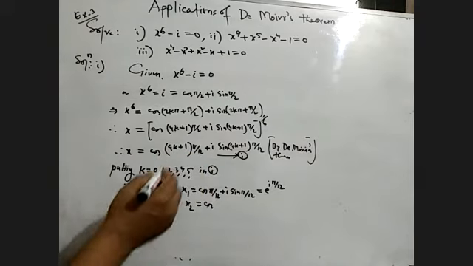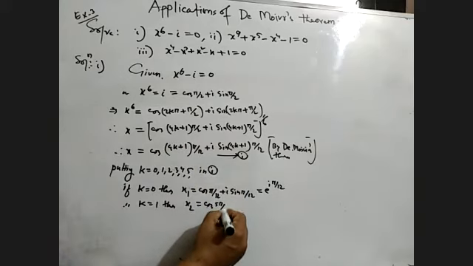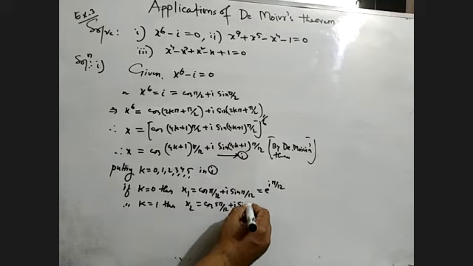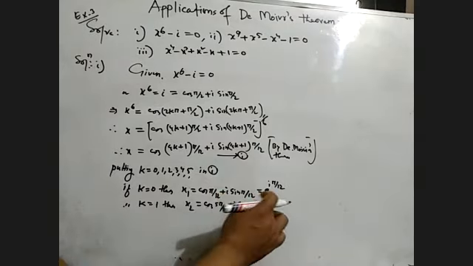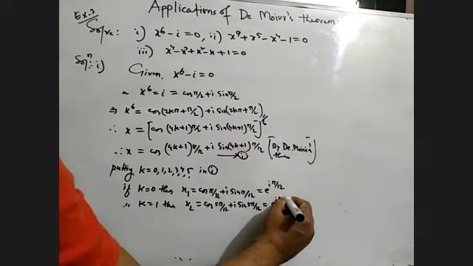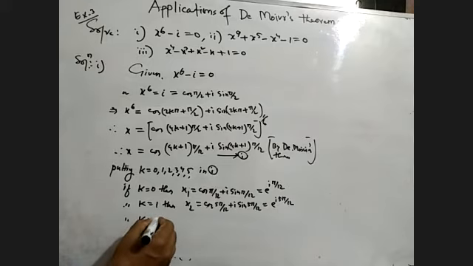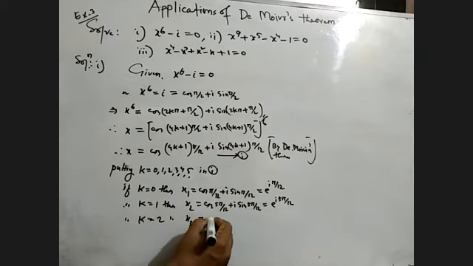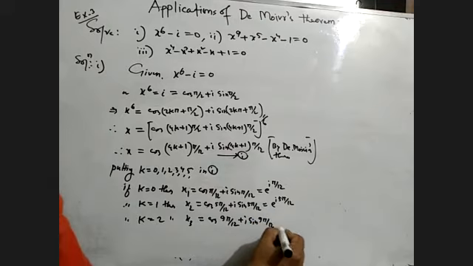For k equals 1, this becomes cos 5 pi by 12 plus i sin 5 pi by 12, e to the power i 5 pi by 12. For k equals 2, the third root, cos will be what? 9 pi by 12. Okay, 9 pi by 12 plus i sin 9 pi by 12.